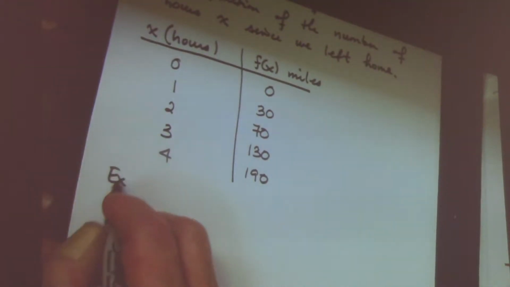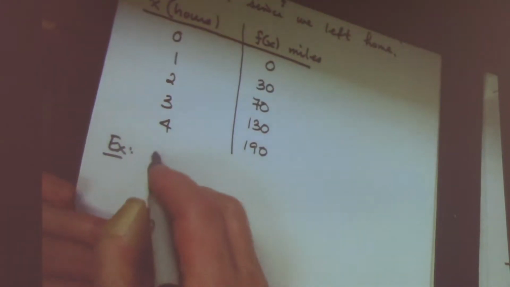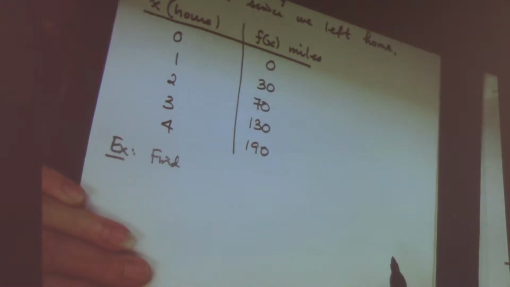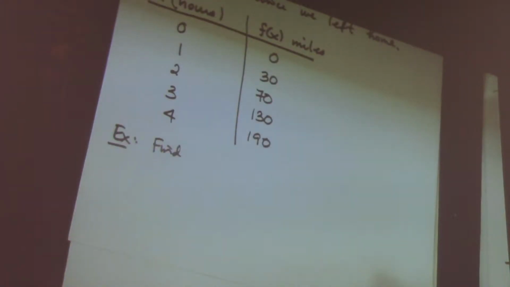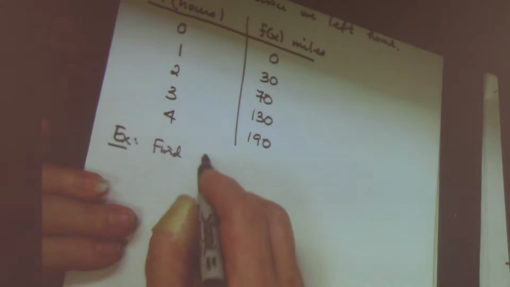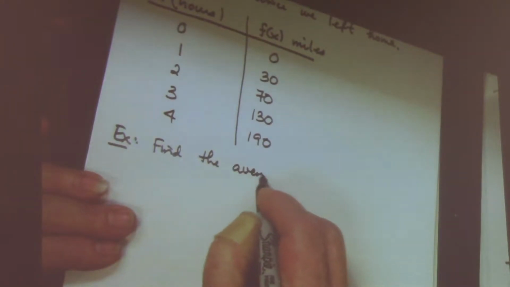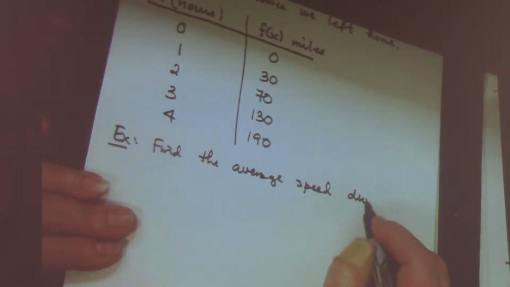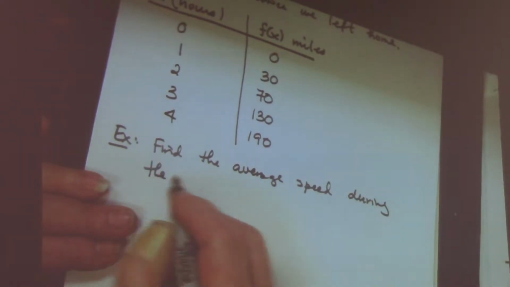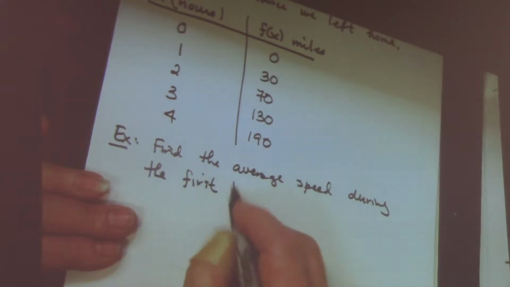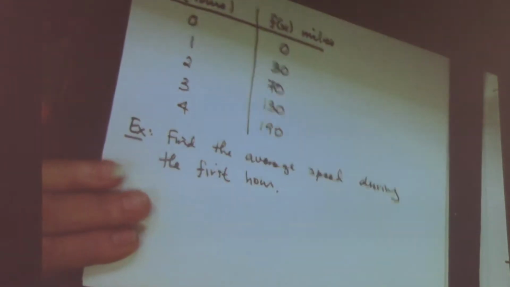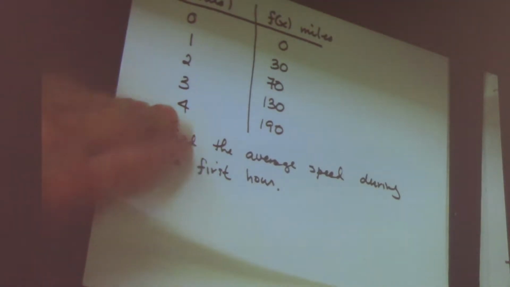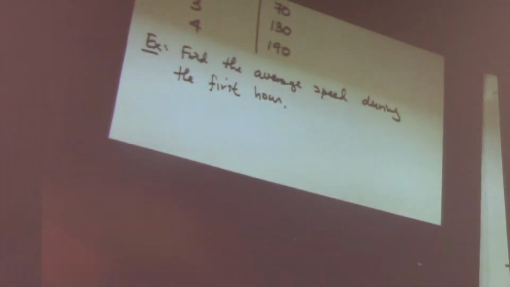Okay, so what we want to do is find our average speed on various intervals of time. So initially, find the average speed during the first hour.